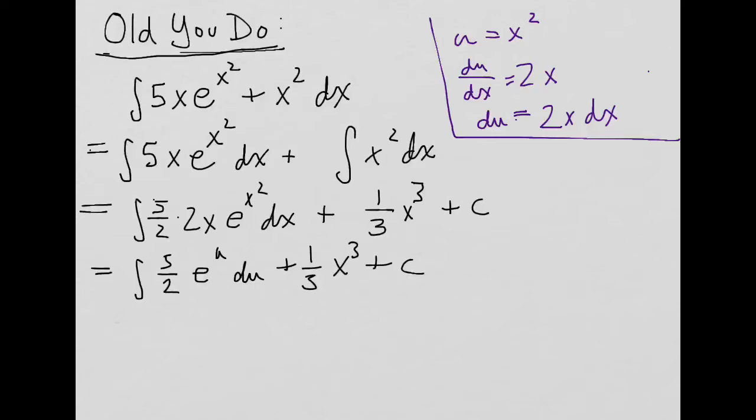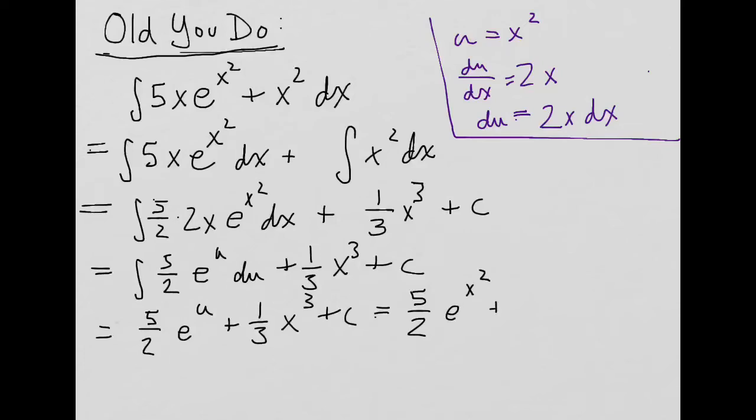And then the antiderivative of 5 halves e to the u is 5 halves e to the u plus 1/3 x cubed plus c. And then we need to finish it by writing it all in x. So that's going to be 5 halves e to the x squared plus 1/3 x cubed plus c. And that is our answer to the second u-substitution problem.